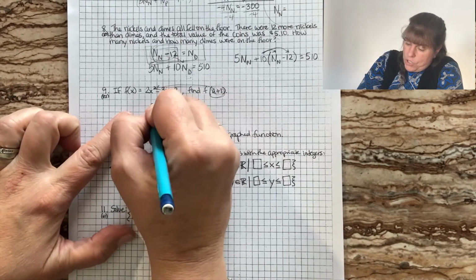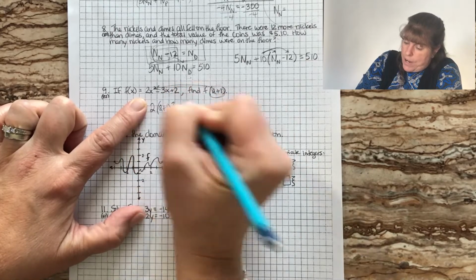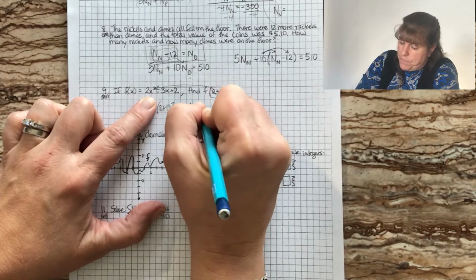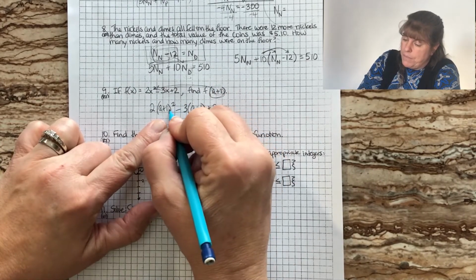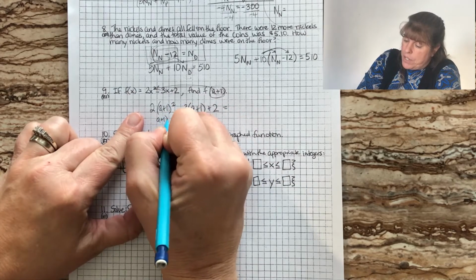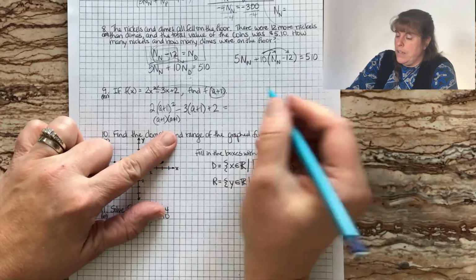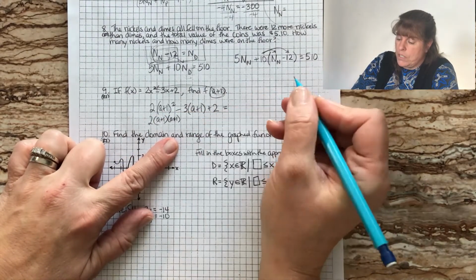So I have 2, and then my x squared is the a plus 1 squared, minus 3 times a plus 1, plus 2, and then I have to do FOIL right there. So remember, a plus 1 squared is a plus 1 times a plus 1, and then I have to take that times 2. So some of you can do this in your head.